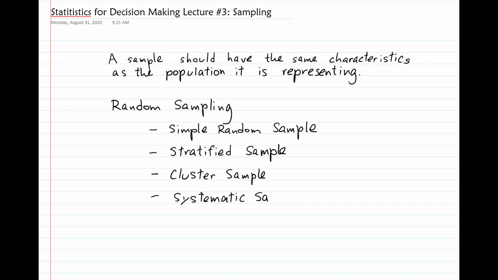They all have their pros and cons, and I'll cover all 4 of those.